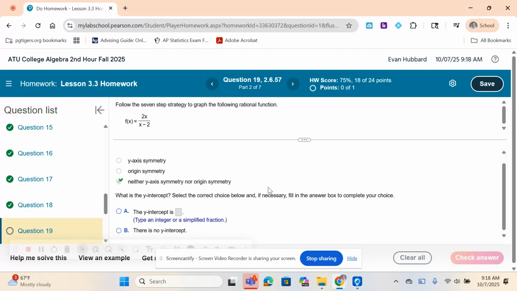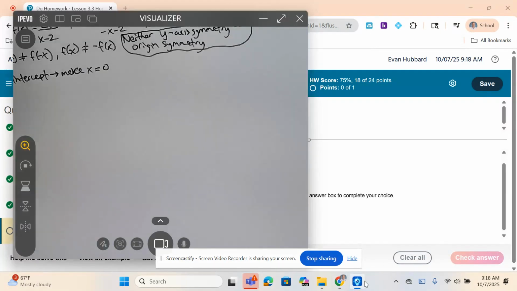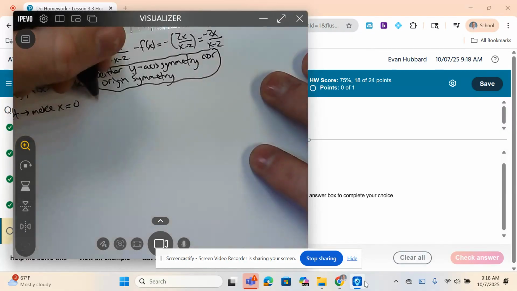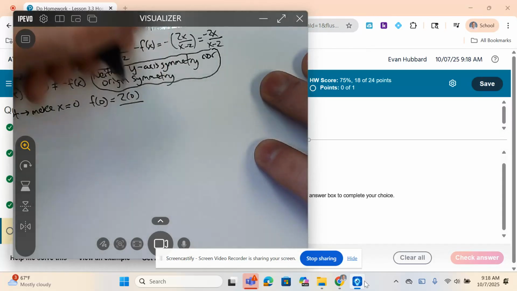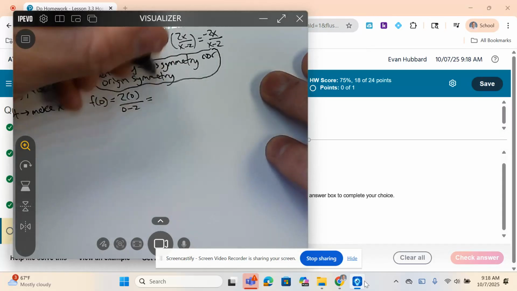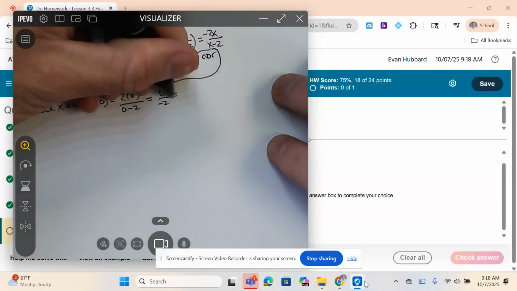Okay. Now I got to find the y-intercept. So to find the y-intercept, make x equal 0. So it'd be y equals 2 times 0 divided by 0 minus 2. 0 divided by negative 2 is 0.